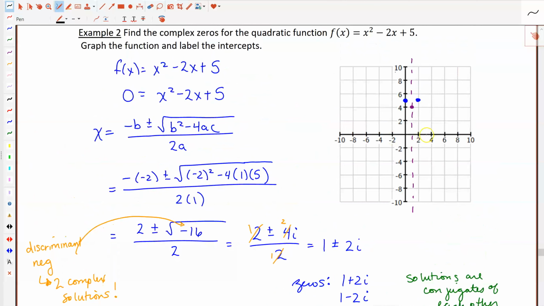So I can come up here. Right, so 3, 8 is going to be another point on my graph. So I'm going to be able to use symmetry to get the corresponding point on the other side. And we have now lots of information to go ahead and finish graphing our parabola. So there we go. There's the graph of our function.